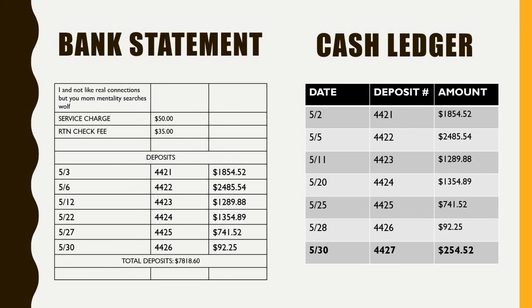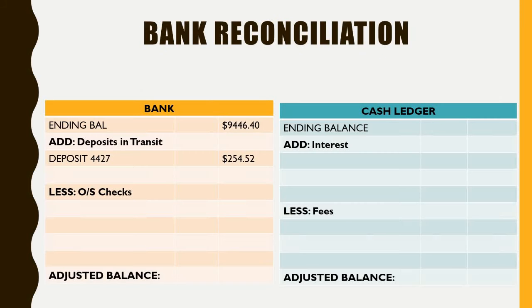In this case, I'm missing my deposit slip for $254.52, right? So that means I'm going to pop that in there. This is my deposit that is in transit. As in, on our end, we said we deposited, but on the bank's end, it's still processing. It hasn't cleared my deposit. It's currently in transit. So I'm going to add the $254.52. Okay. So now the next step is going to be subtracting out any outstanding checks.